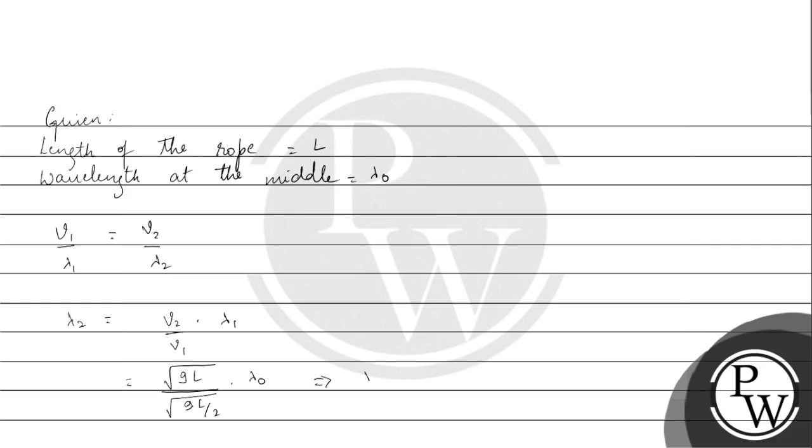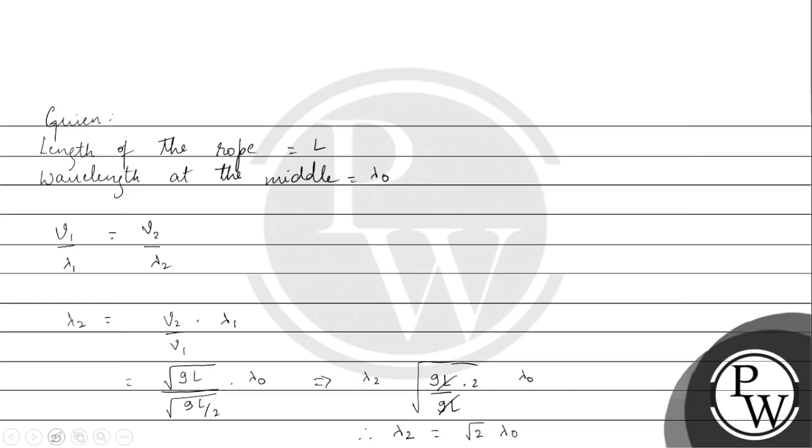So therefore lambda 2 is essentially given by root of GL divided by root of GL by 2, into lambda naught. GL cancel होता है, therefore the wavelength is root 2 lambda naught.